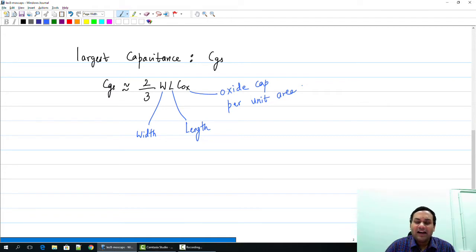Now, obviously, each capacitance has a certain dependence on dimensions, and also on doping concentrations, etc. But we will not worry about those things here. In this course, we will assume that every node has some capacitance to ground.